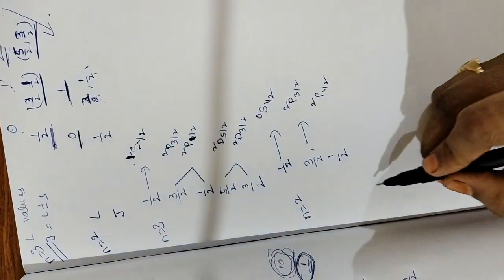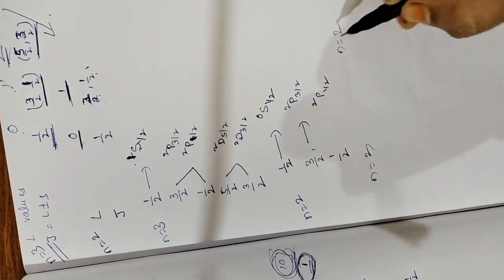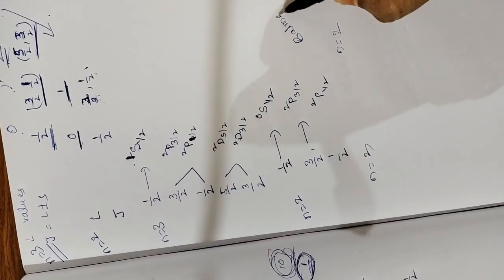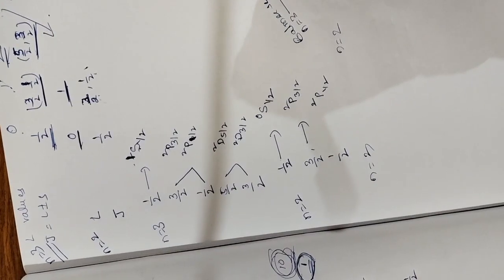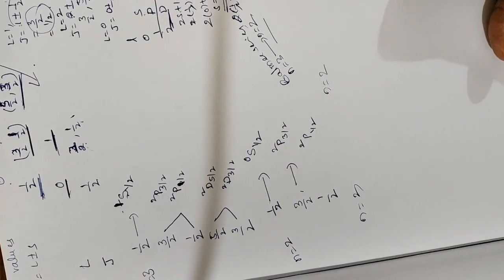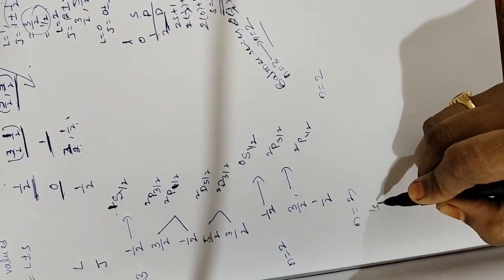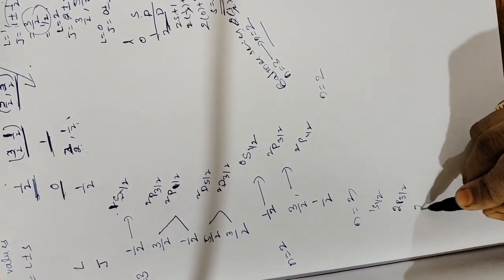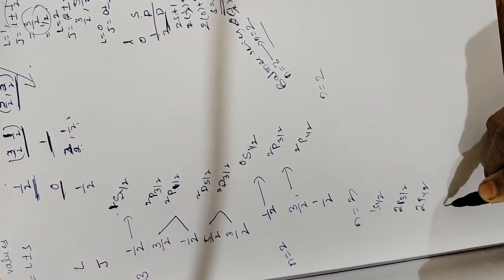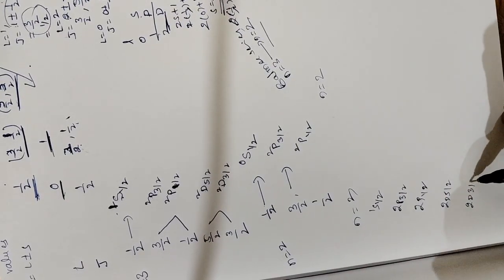Right? Now we wrote the spectral terms. Now let us see the transitions. First I am writing n equal to 3. Next here I am writing n equal to 2. Here H alpha line means Balmer series. Balmer series means the transition takes place from n is equal to 3 to n is equal to 2. First I am writing n is equal to 3 terms: 1 S 1 by 2, 2 P 3 by 2, 2 P 1 by 2, 2 D 5 by 2, 2 D 3 by 2.